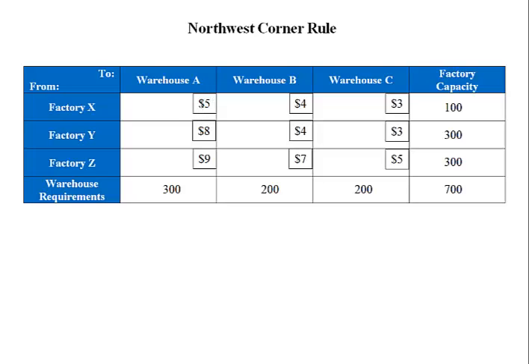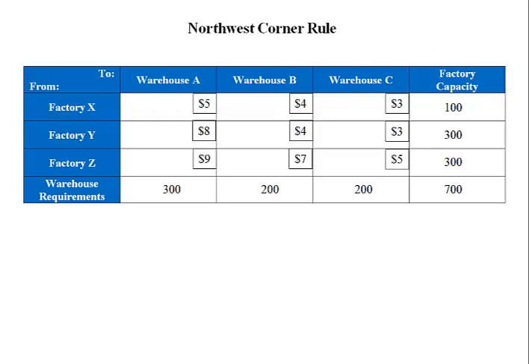In this case, this is a minimization problem. We want to minimize cost. So the minimum cost in this column would be $5. But what's our constraint? We're constrained by our factory capacity or our supply capacity of 100. So we can only supply 100 at $5.